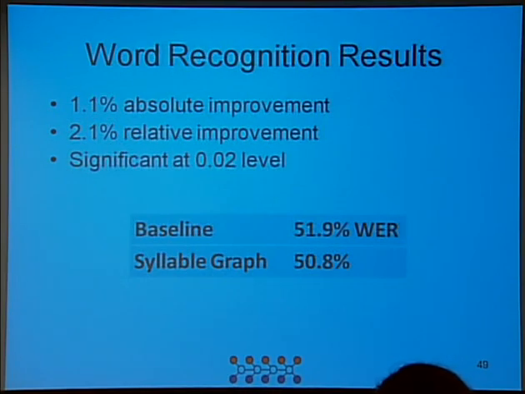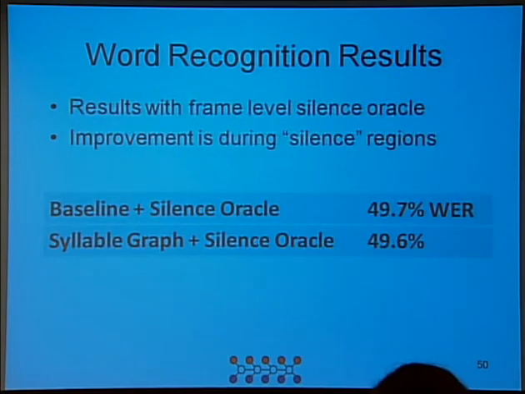Okay, recognition results. We have a baseline word error rate of 51.9, and we get an improvement to 50.8, which is 1.1 absolute and significant at 0.02. The second result is using the same two graphs, the decoding and the syllable level, but in addition we add a frame-level silence oracle.